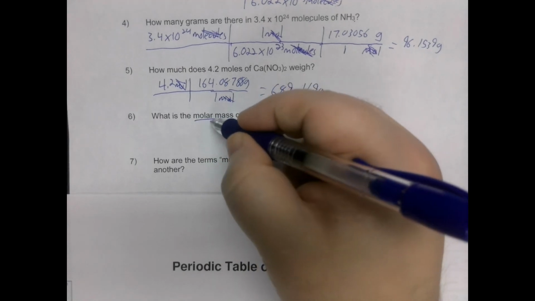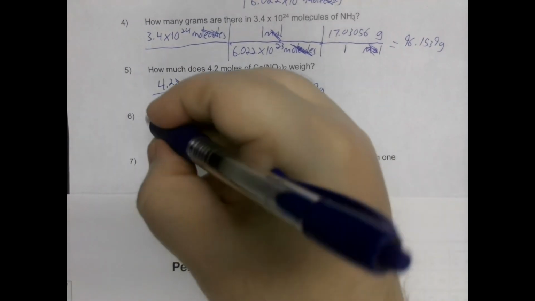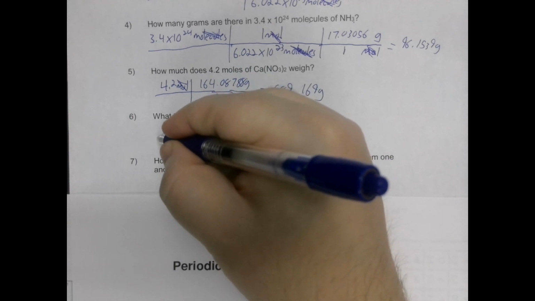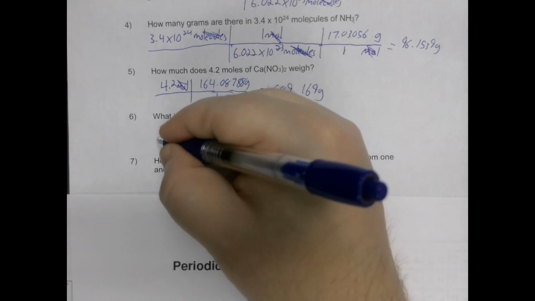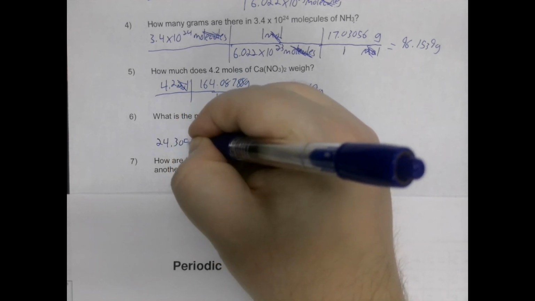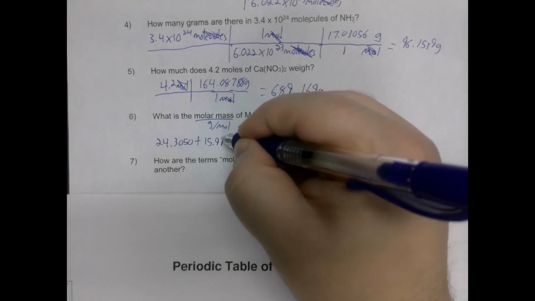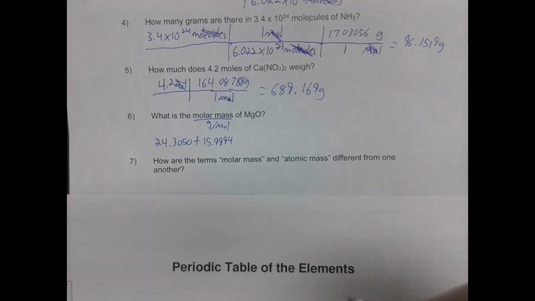So remember, molar mass is in grams per mole. So we can remove the AMU, or don't write AMU and put g/mole. So it'd just be 24.305 plus 15.9994.